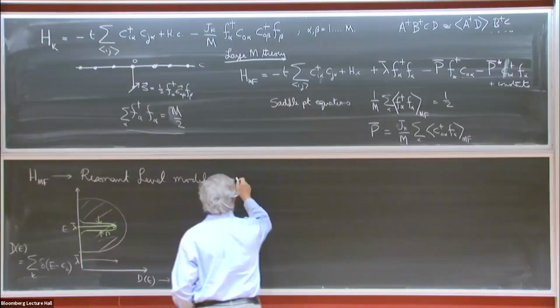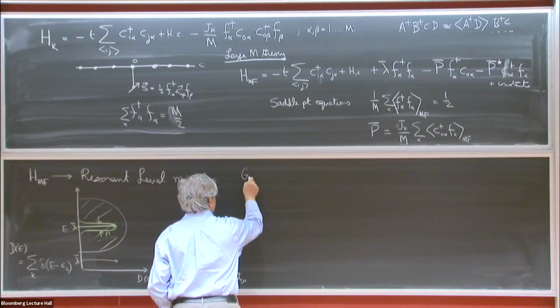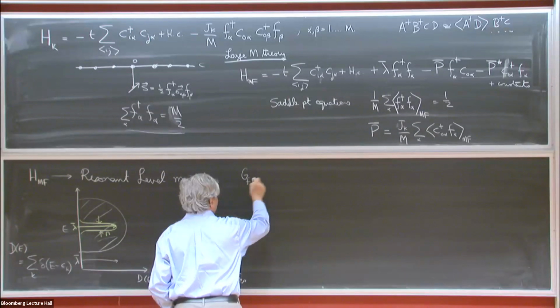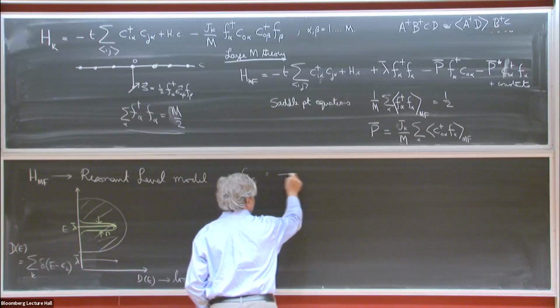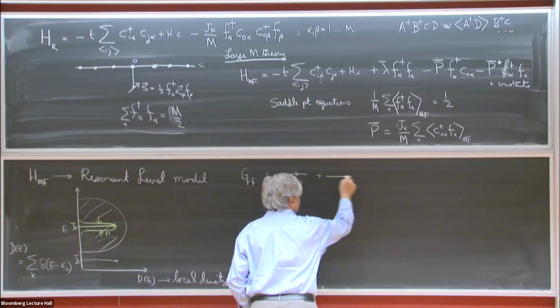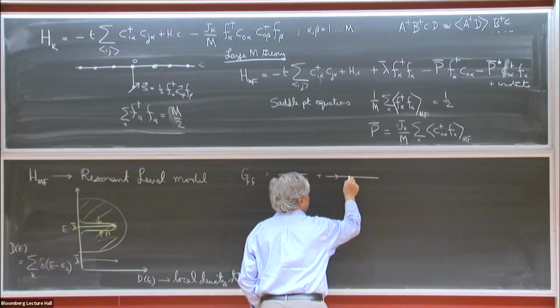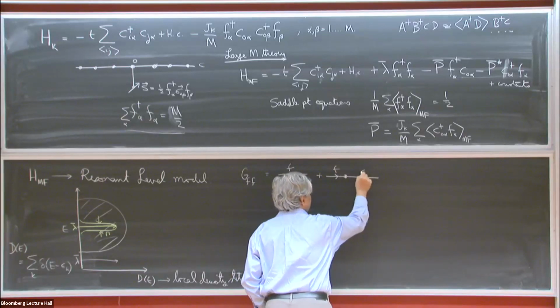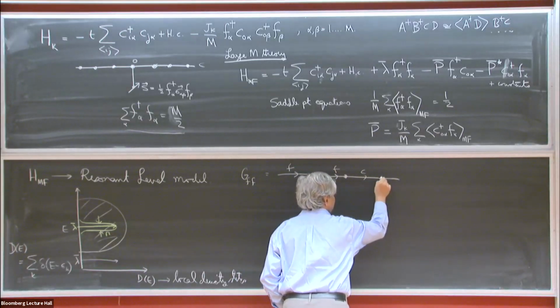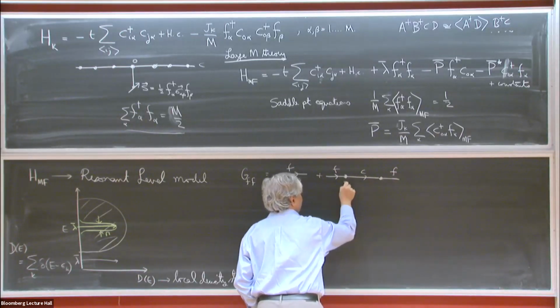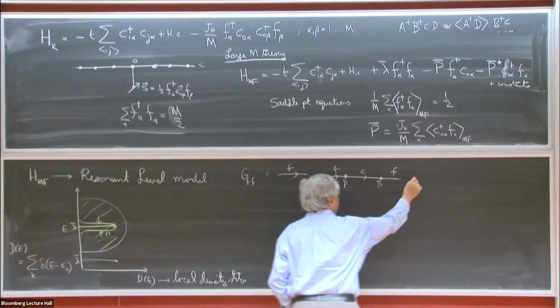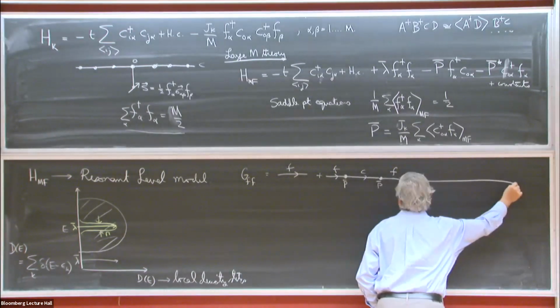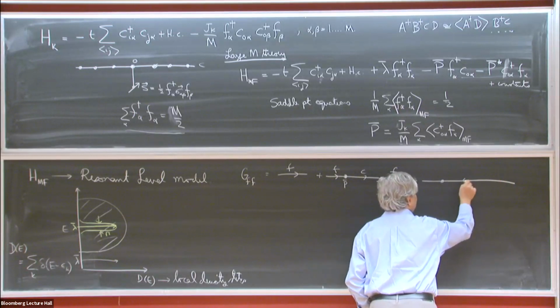So for example, if I want to compute the Green's function of the F spinons, that's the bare Green's function plus, so this is an F particle, then it goes to a C, which goes to an F, and this is just P bar, and so on. Very easy to work out.